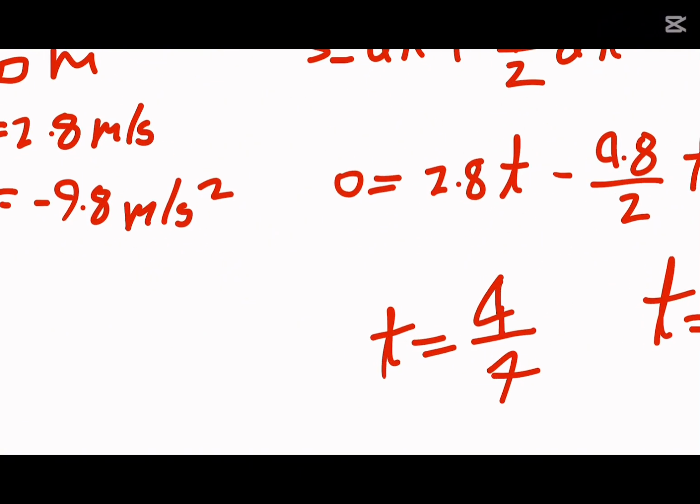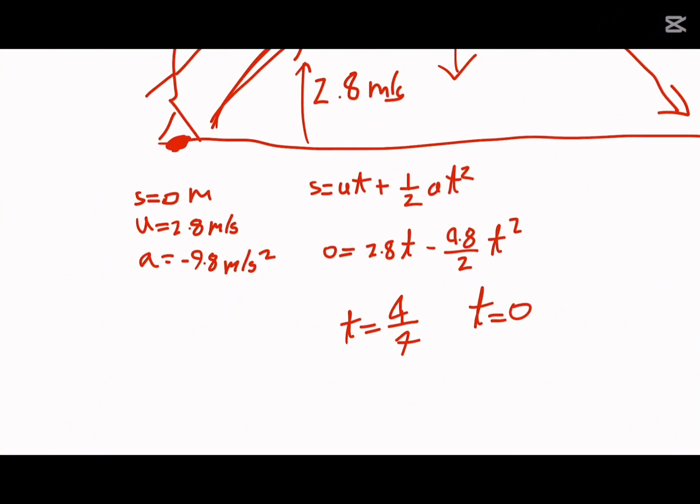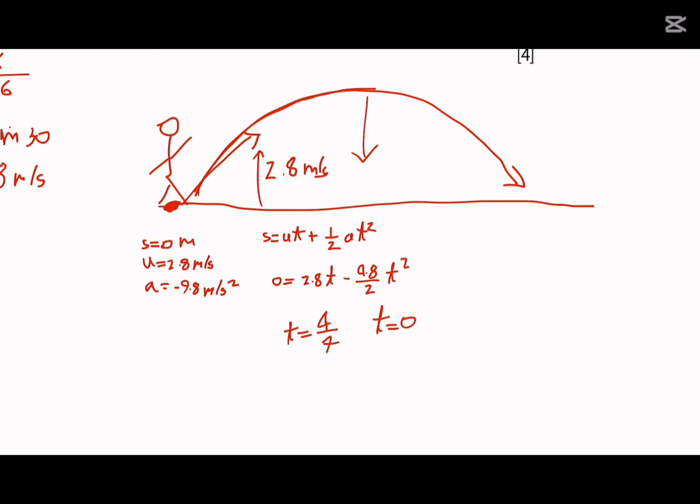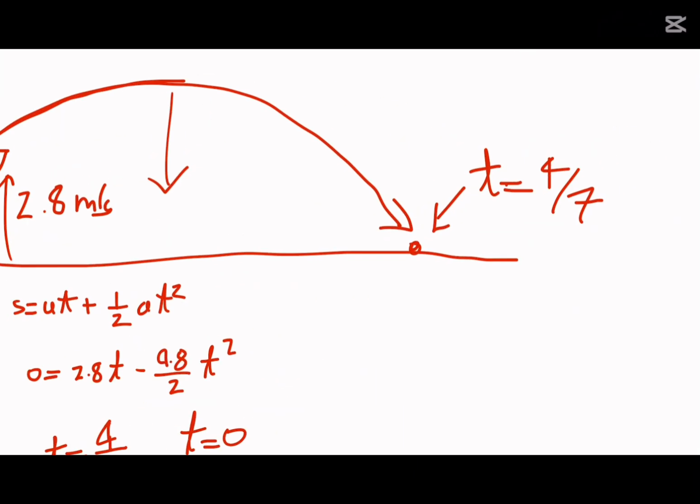You'll notice that we get two t values. This is because the displacement is 0 in two positions, the start and the end. So t equals 4 over 7 is the landing point. That means the person will jump and reach the ground at exactly 4 over 7 seconds.